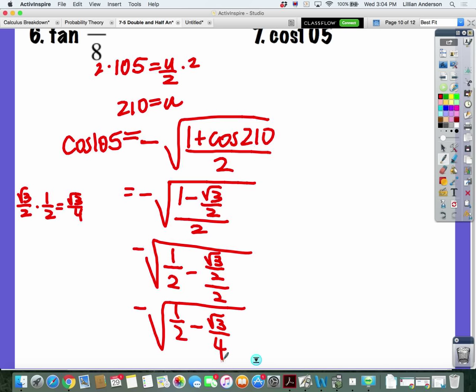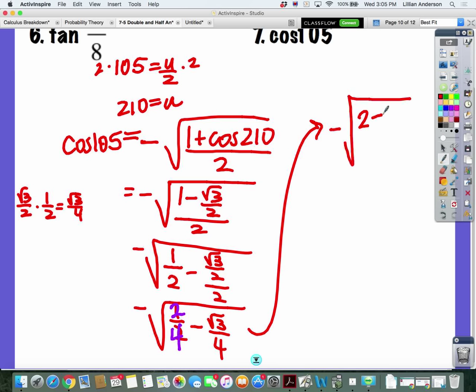Can I subtract these the way they are? I need a common denominator of 4. So this is going to turn into a 2. So this is now a negative square root of 2 minus the square root of 3, all over 4.